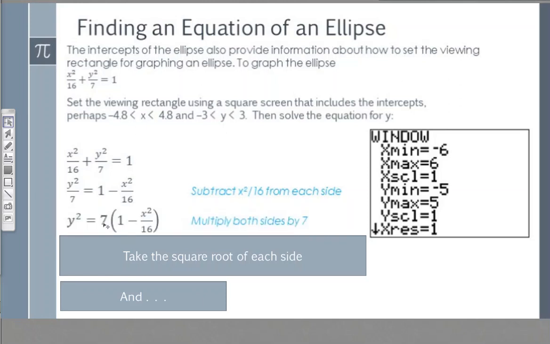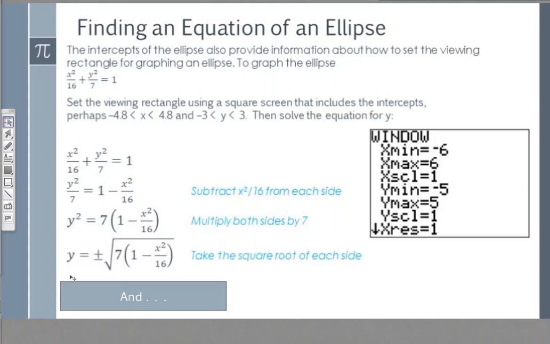Now, one more step before we can get this entered into our calculator: I have to get rid of that exponent, the y squared. So I'm going to take the square root of both sides. And that's what I end up with. Now, what's important for entering this in your calculator, don't forget the plus and minus. So let's see what our answer says.